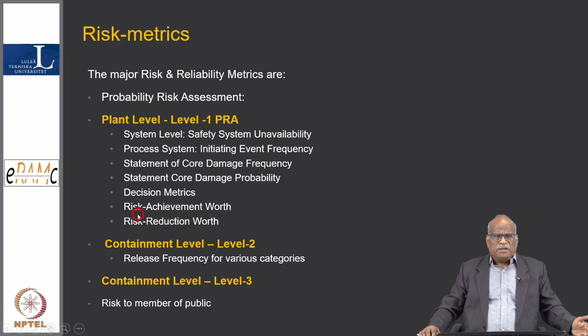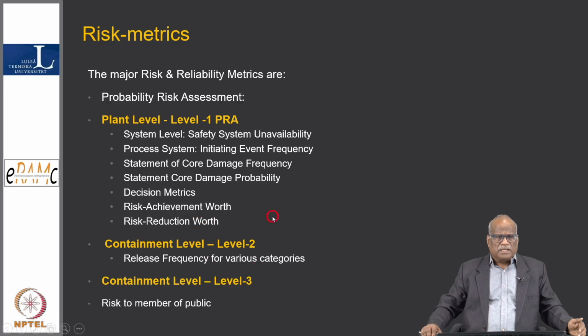And then we have risk achievement worth and risk reduction worth. These are the metrics that we use while testing components, where we are trying to see the testing frequency and all that. So we will be discussing this later on, maybe not in this lecture, but when we do the identification and prioritization as part of the system approach. Then containment level 2, and then containment level 3 risk metrics.